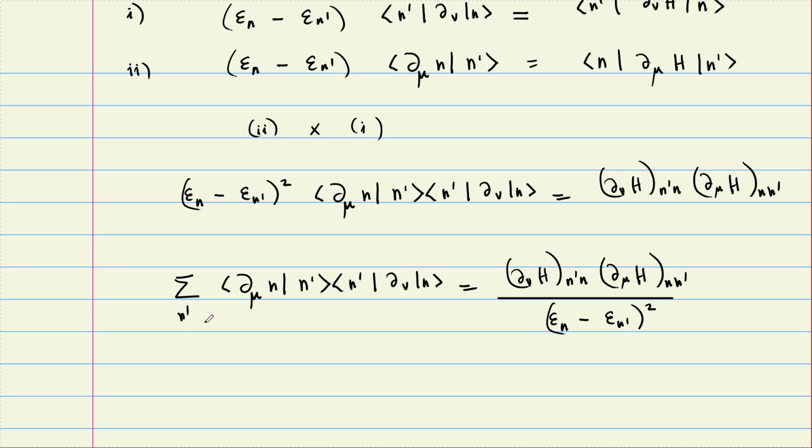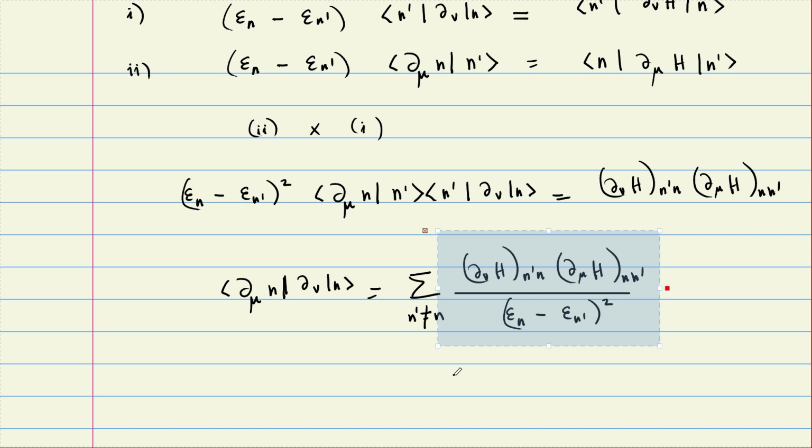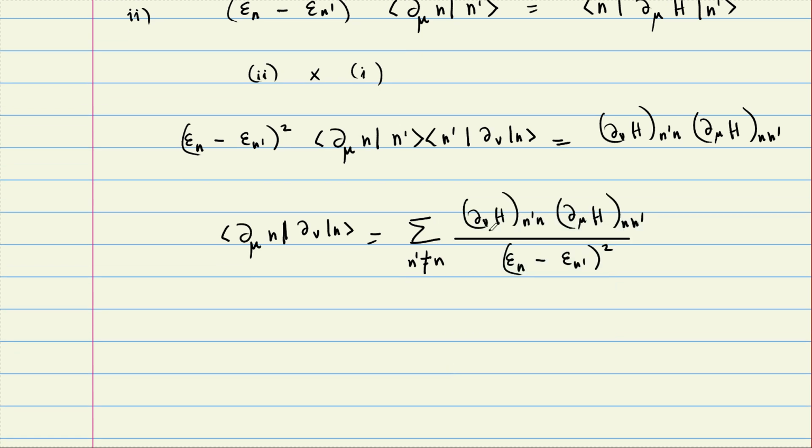If I do that, this is going to be identity, so I can just get rid of the sum here and erase this, but this one is going to survive a summation sign. So the meaning is summation over n prime, but it should not be equal to n. Good. Okay, I think I messed up this a little bit.